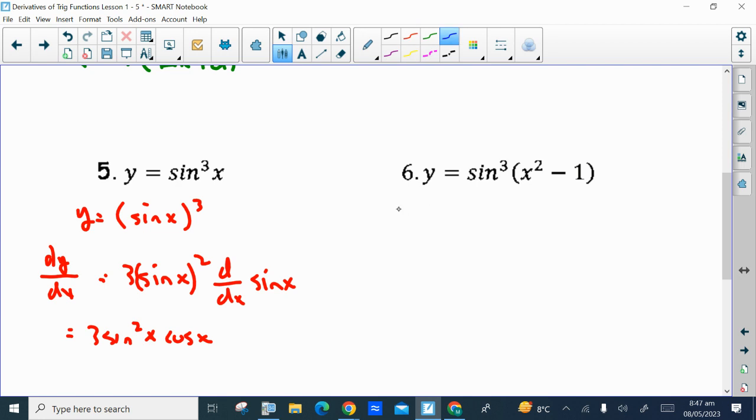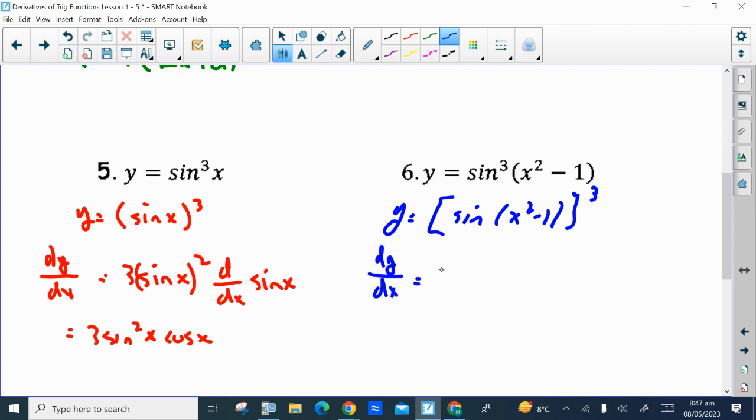Number 6. Again, this is the same thing as y equals the sine of x squared minus 1 all to the power 3. Because that's what sine cubed means. So to differentiate, again, we use the chain rule.